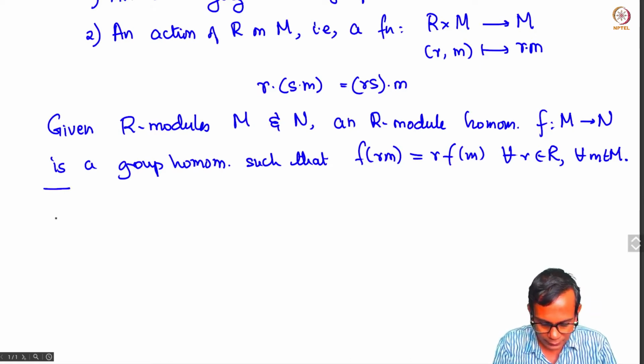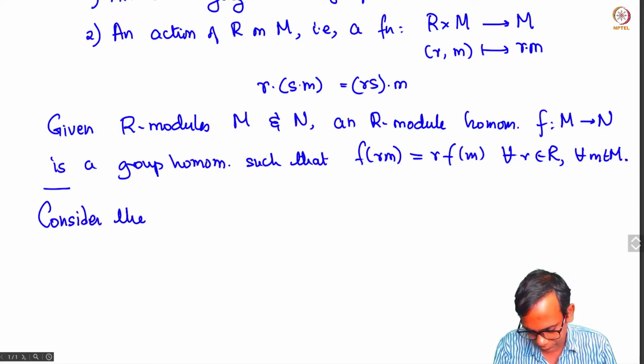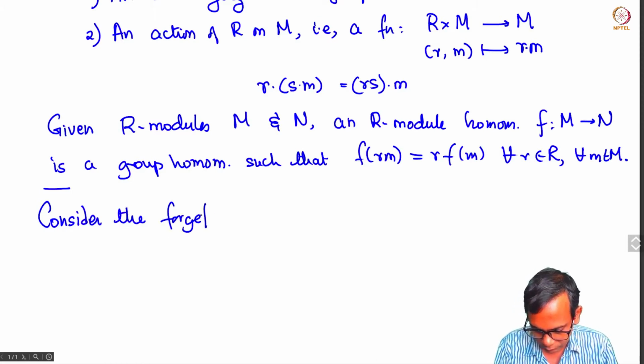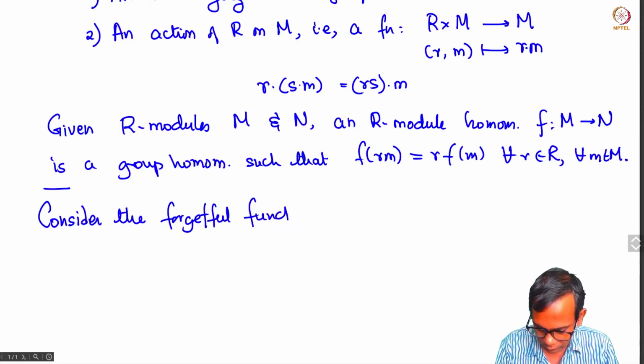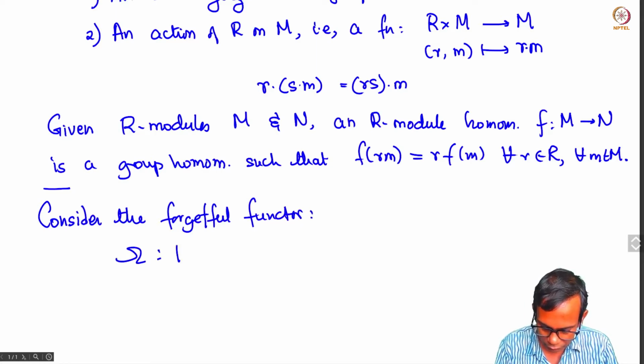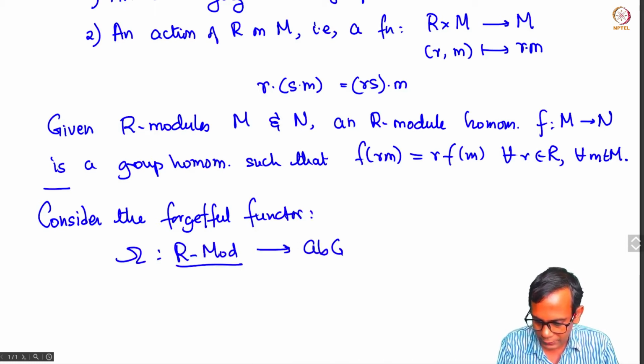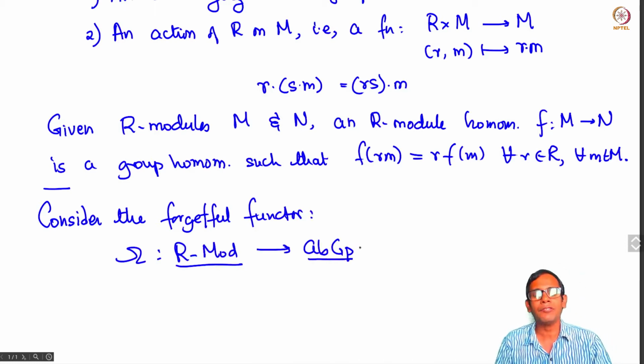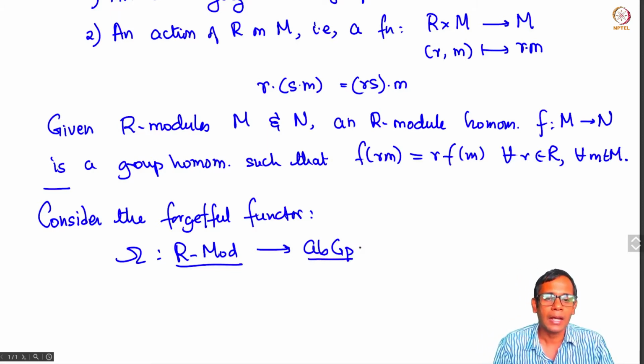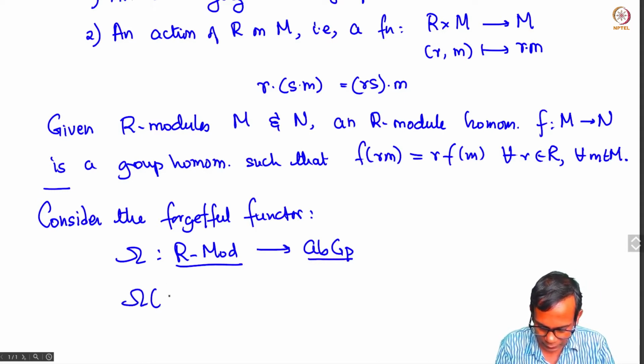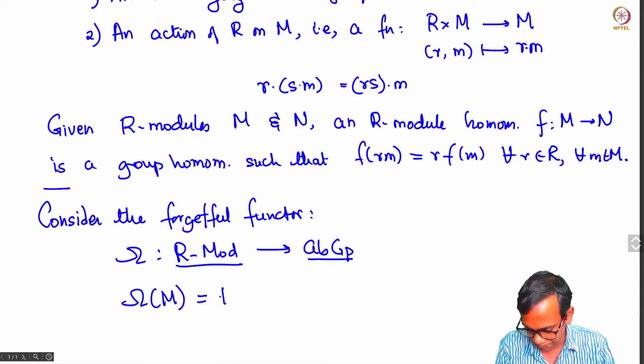Now there's a functor omega, the forgetful functor, which I'll denote omega from the category of R modules to the category of abelian groups. This category of abelian groups is the category whose objects are abelian groups and arrows are group homomorphisms. What this functor does is that given an R module M, omega M is just the underlying abelian group.